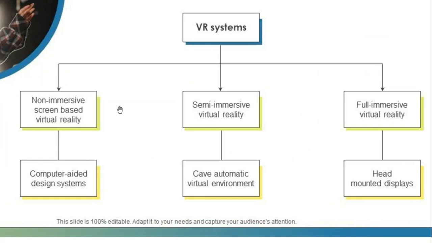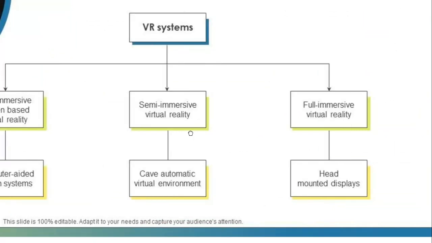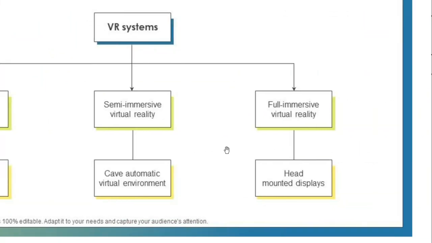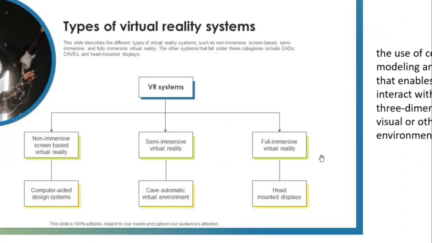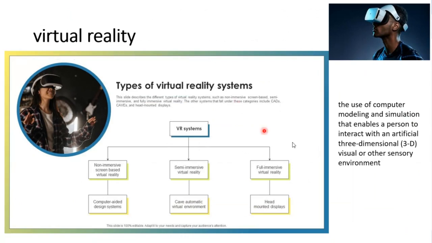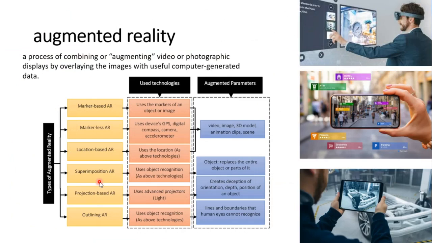There are also semi-immersive virtual experiences, and then we have fully immersive, where you have a virtual reality headset on your head and then you are experiencing it. That's what's quite popular. But 3D CAD systems, like people who use Unity, Autodesk and other tools, are also a form of virtual reality environments.